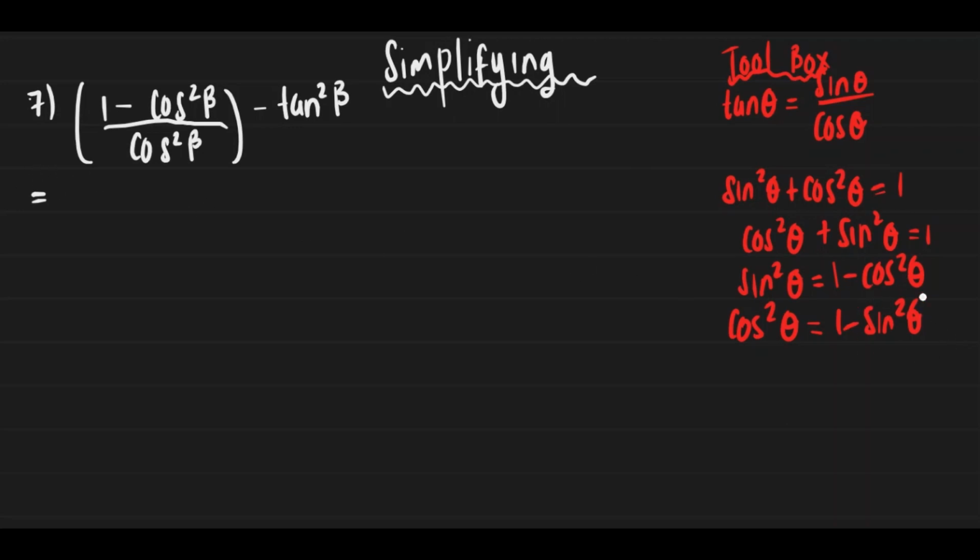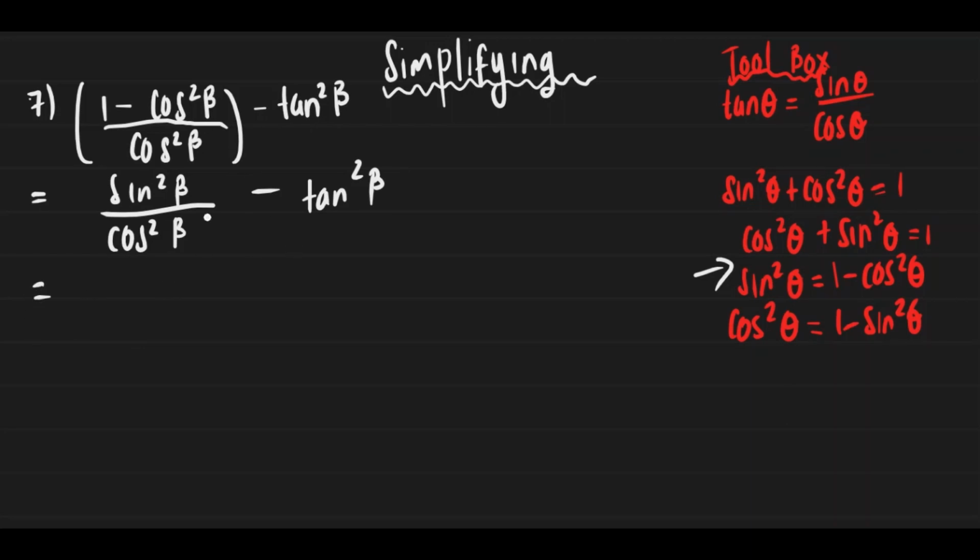So we're going to change this one to this one. So I'm talking about this one so that you guys don't get confused. So this whole thing is going to change into sine squared beta. So it's going to be sine squared beta divided by cos squared beta minus tan squared beta.